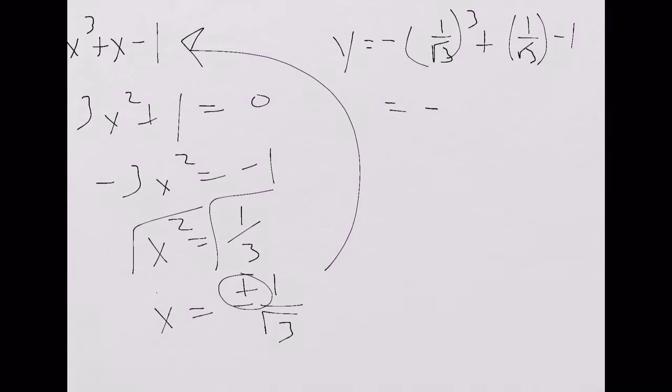It'd be 1 cubed up top, and the square root of 3 cubed would be a 3 root 3 on the bottom, plus a 1 root 3 minus 1. Going to common denominator here, multiply the other side by 3, so that gives me 2 root 3 then minus 1.